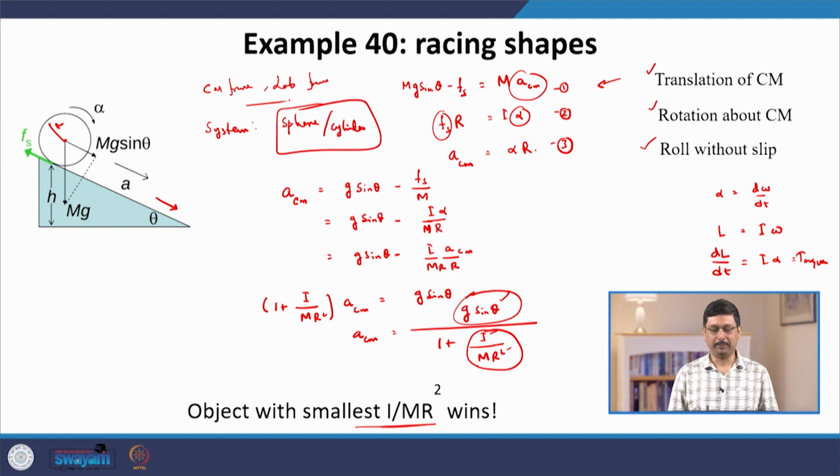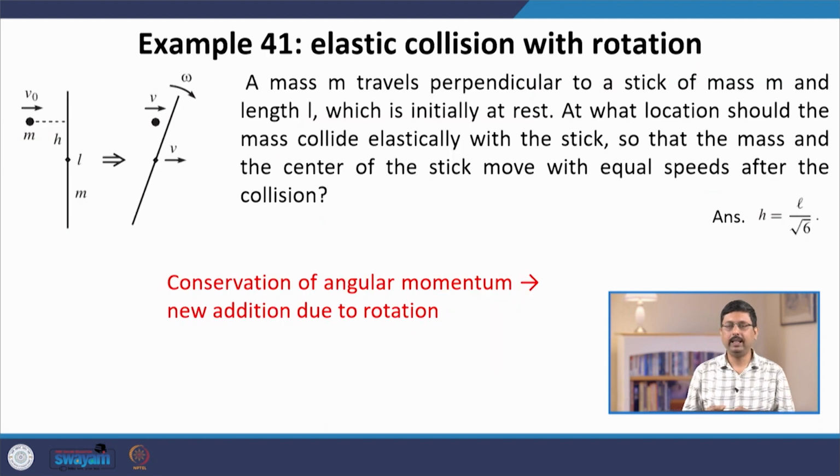Now, we take a new, different kind of situation, another very important class of problem. Earlier we discussed the collision problem. Now we generalize the collision problem to the situation where we allow rotational motion as well during the collision.